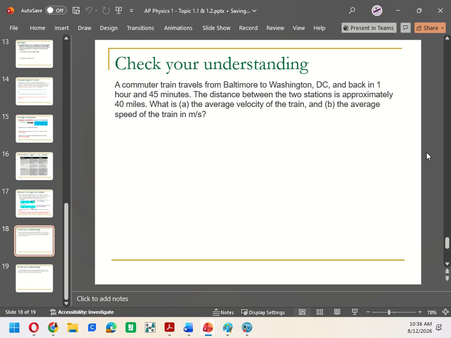Speed is the total distance over time, right? Distance over time. What's my total distance? 80 over 105. All right, I'm going to pull up my calculator right here.